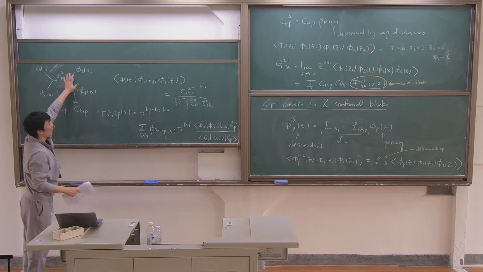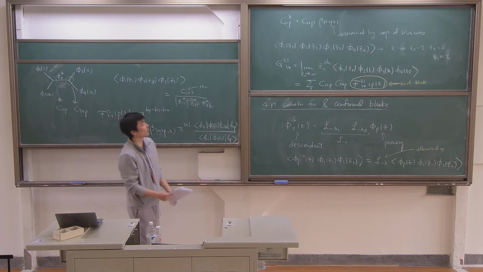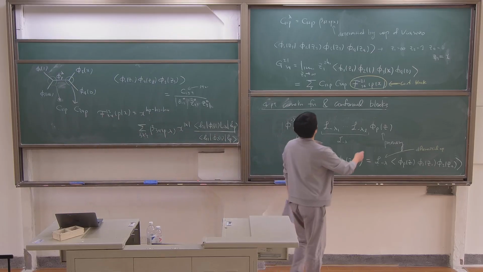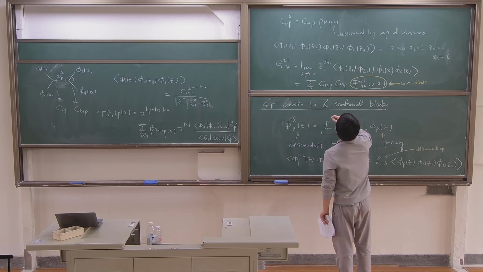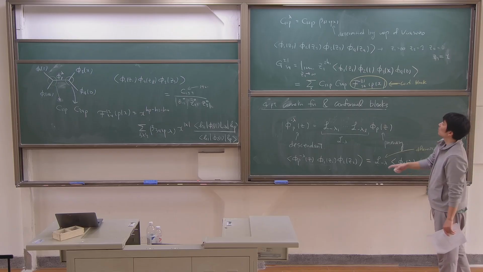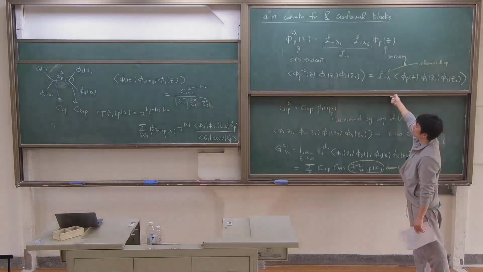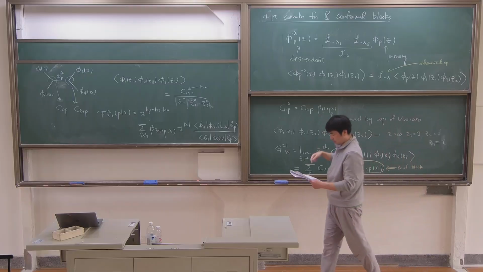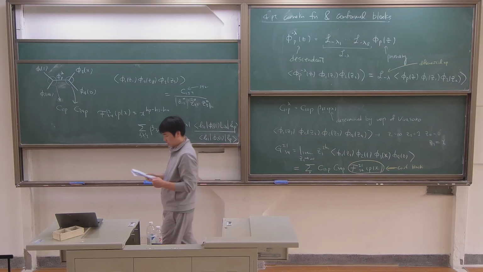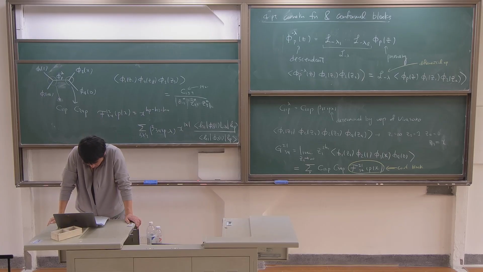And the other channel is determined by the 3-point function of the descendant. That's what's really happening here. Okay.